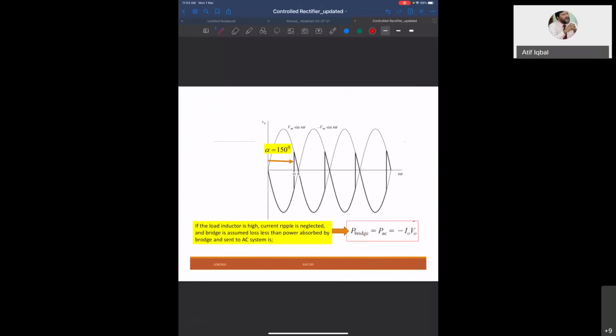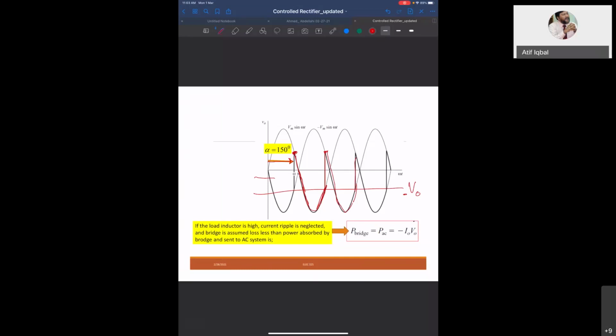So what you see here is that if you fire the thyristor at alpha equal to 150 degrees, it starts conducting from here, and the output voltage will look like this. Then the next thyristor is turned on here, so this will be the output voltage. What you see is that the average output voltage is negative.